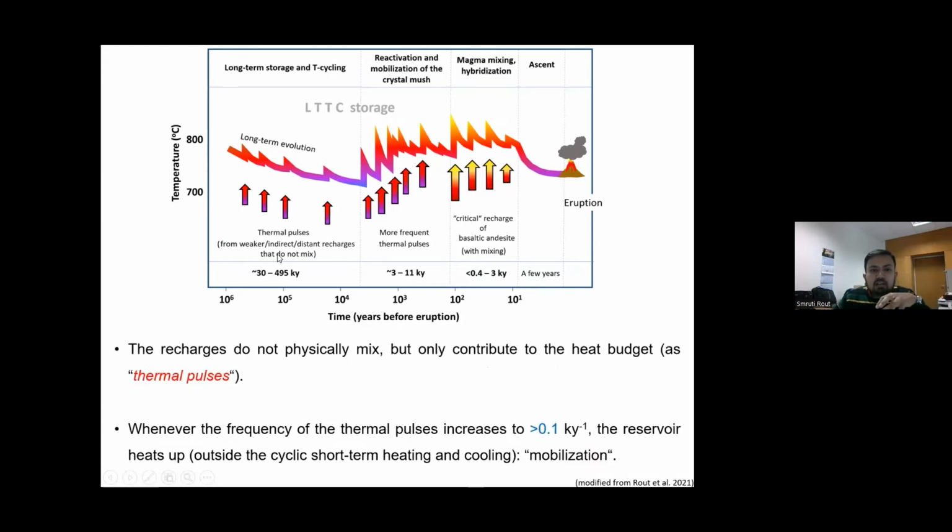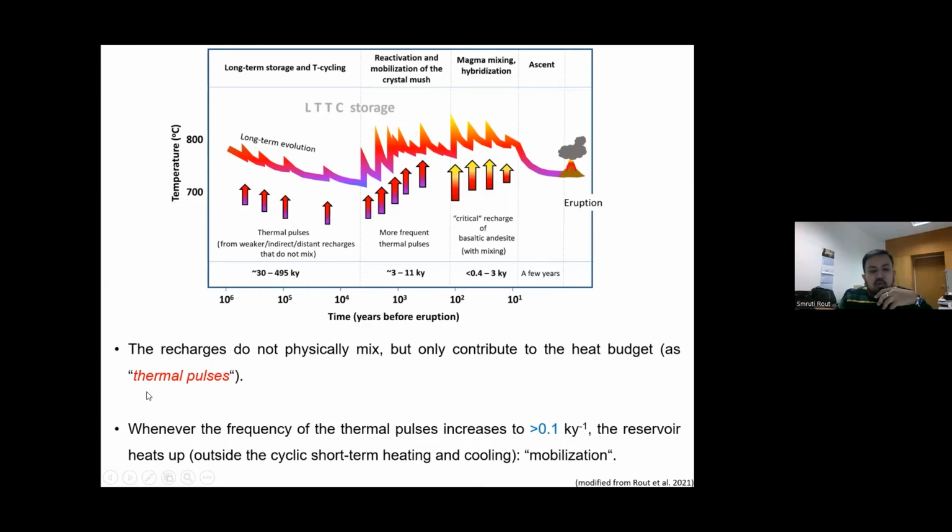And then the recharges that cause these temperature fluctuations do not exactly mix, but only contribute to the heat budget of the system, and they therefore act only as thermal pulses.